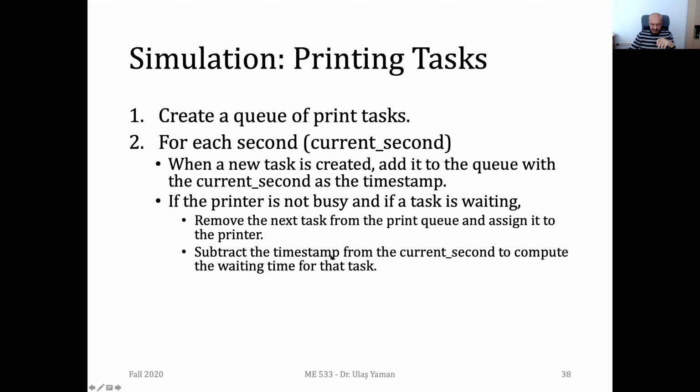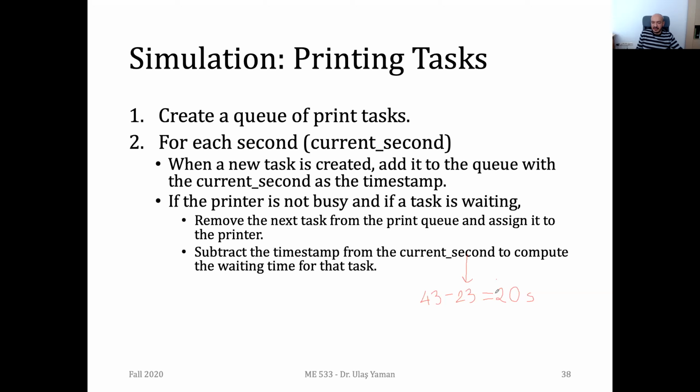So this time you need to do another time operation. We know that for our case, you need to subtract this time. It was, let's say, 23, and if you are right now at second 43, then you should subtract, and this will be the waiting time for that print task, for that document.